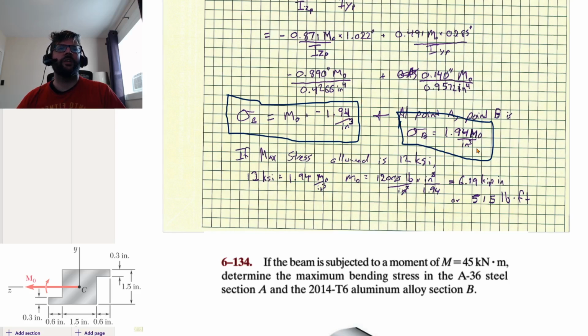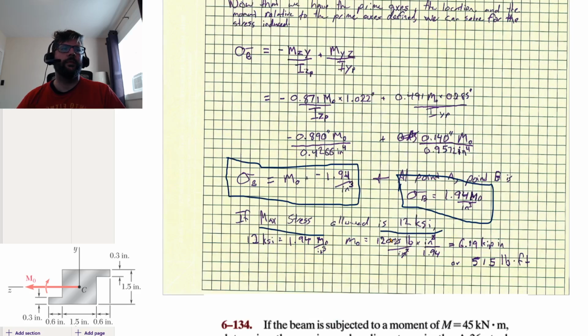At point B, it's going to be positive. So if we know the maximum stress level is 12 ksi, then we just insert that into this equation here. So we got 12 ksi is equal to 1.94 times m naught divided by inches to the third.